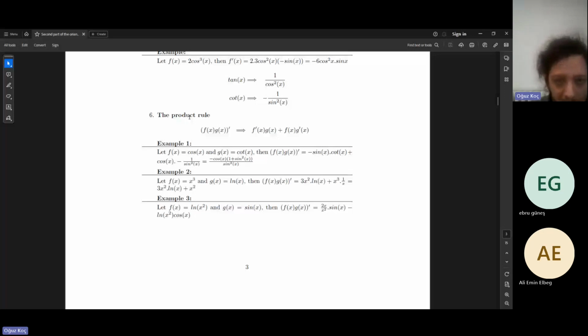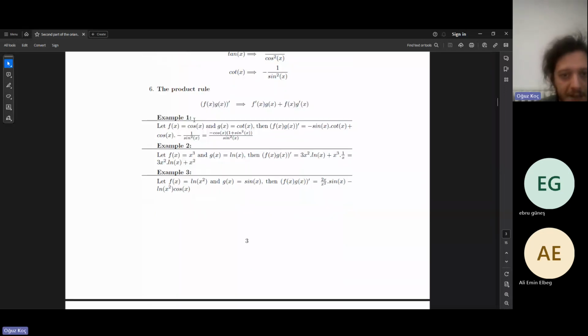Just calculate the derivative of the first function times the second function itself, plus the first function itself times the second function's derivative. That's simply it, it can be calculated like this.